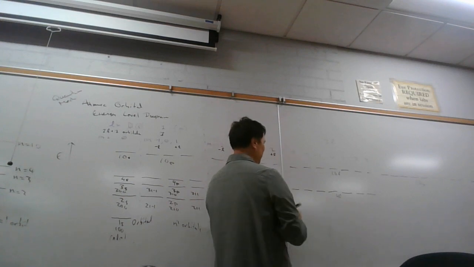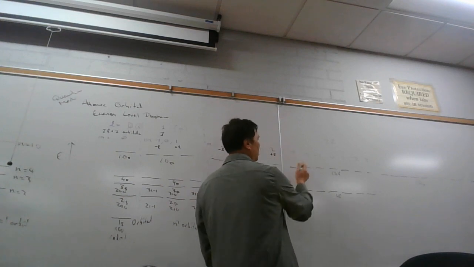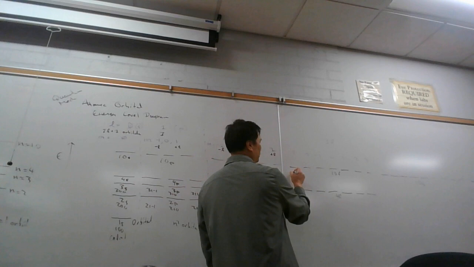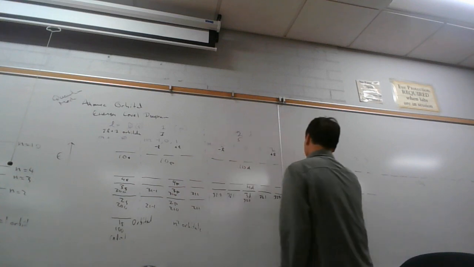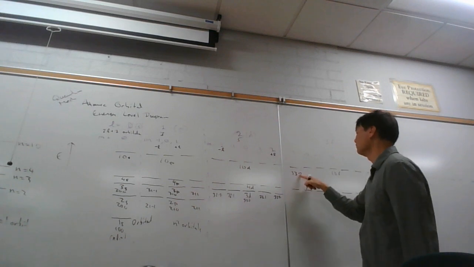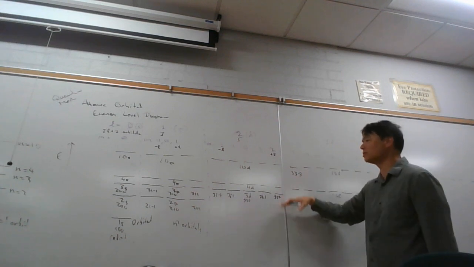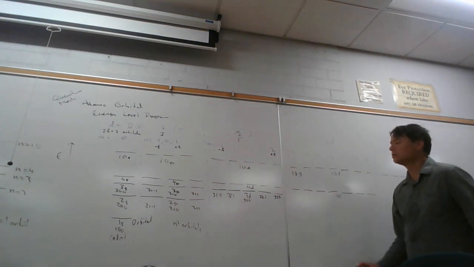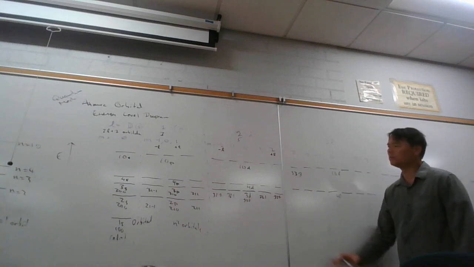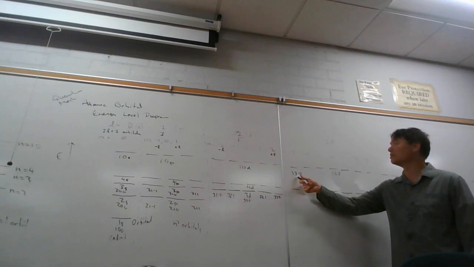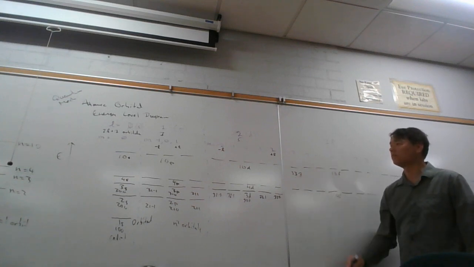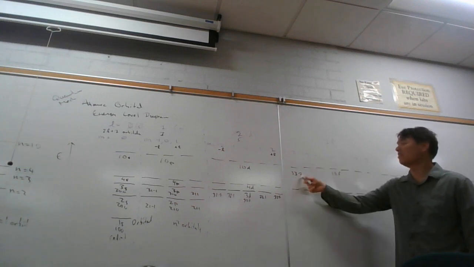Then we can label these orbitals with the quantum numbers N, L, M. So this first one would be 4, 3, -3. The first quantum number tells us the energy level, and that's called the principal quantum number. The principal quantum number basically tells us the energy. The second quantum number tells us the subshell, and this is the F subshell.